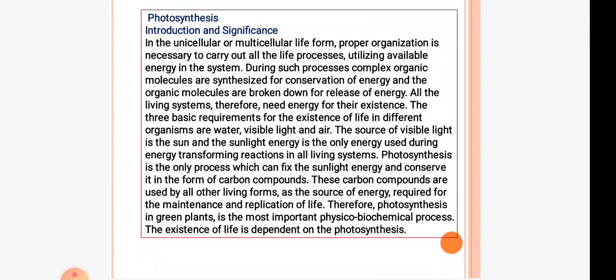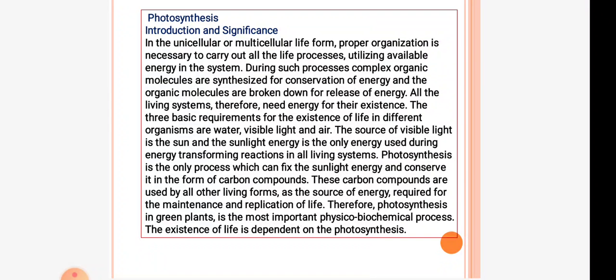These carbon compounds are used by all other living forms as the source of energy required for the maintenance and replication of life. Therefore, photosynthesis in green plants is the most important physico-biochemical process.